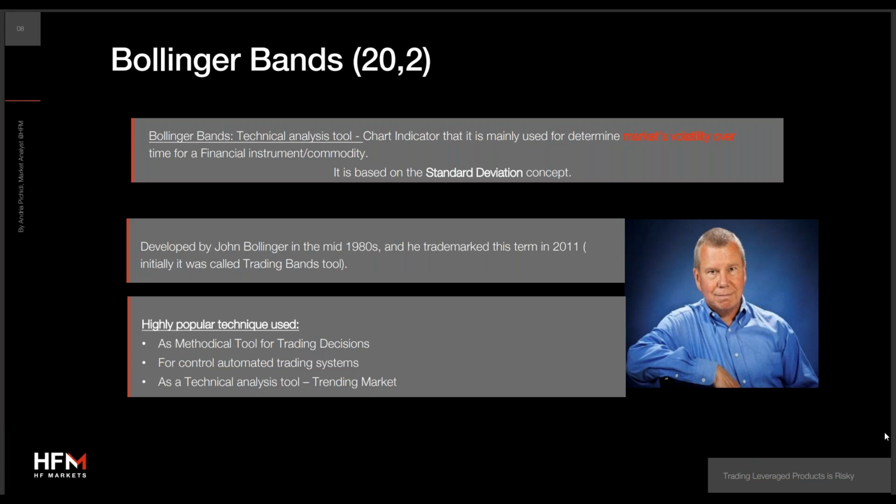measure market volatility. Okay, that's why it's quite useful for confirming a trend, if you wish, for identifying whether the trend will continue in the same direction or is about to reverse, and to identify a period of market consolidation or a period of upcoming large volatility.